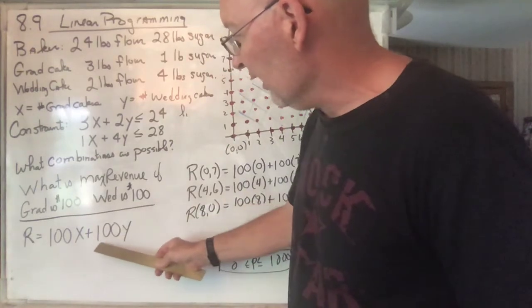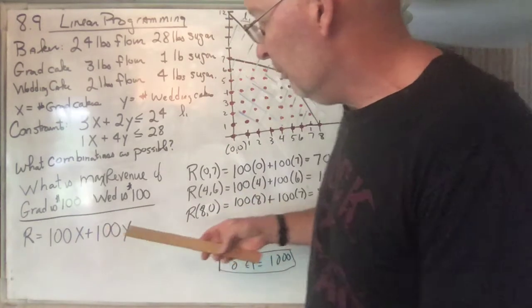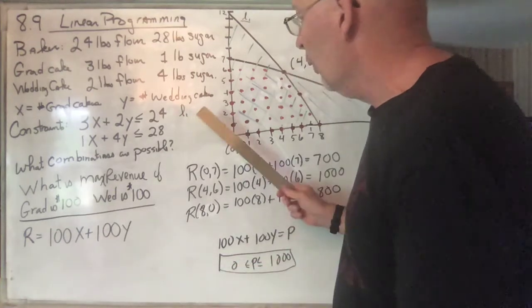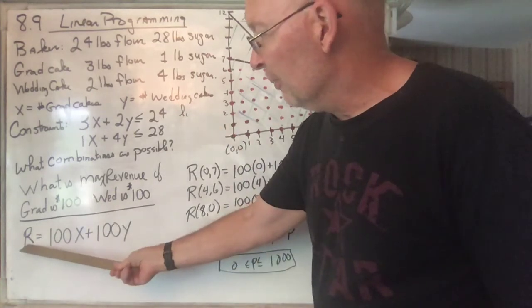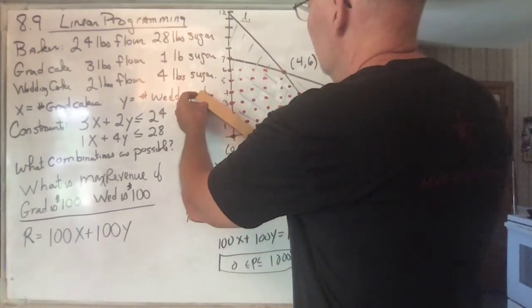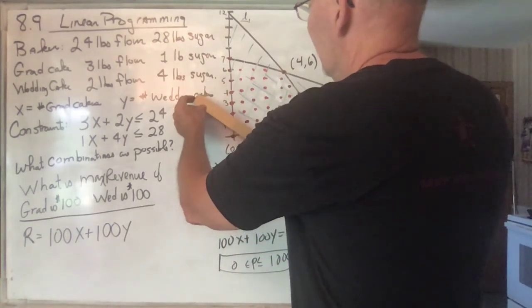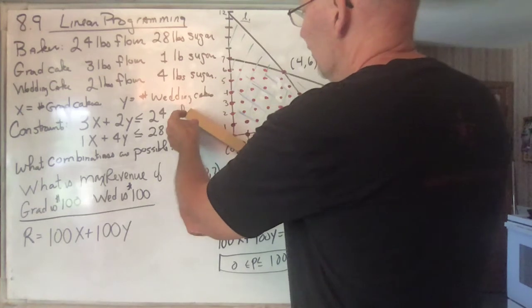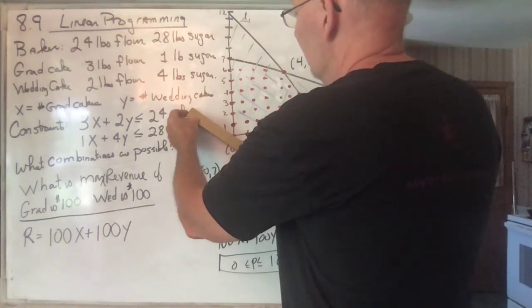If you had 100x plus 100y, that's going to be a line with slope of -1, and depending on what R is, you are going to be moving this line up this feasible region. If R is equal to 0, this is the line you have.